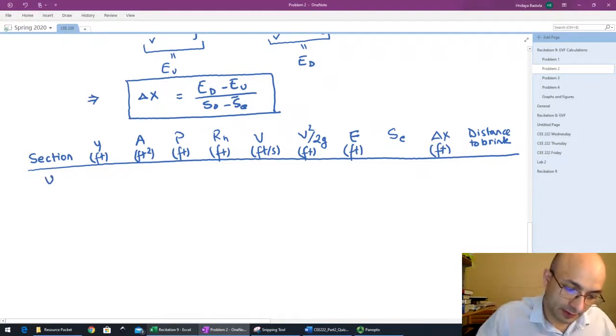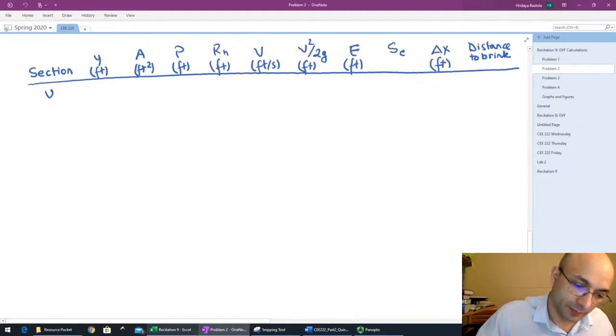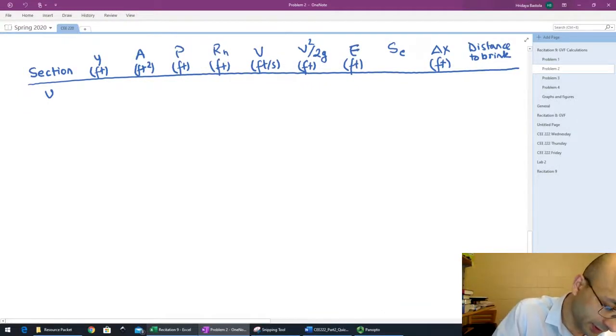Just like the last problem, let's just write the equations underneath here that we'll use to calculate the different variables. So area for a trapezoidal channel is (b plus m y) times y.